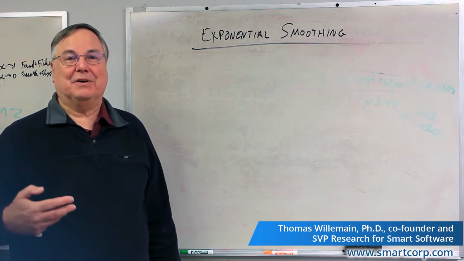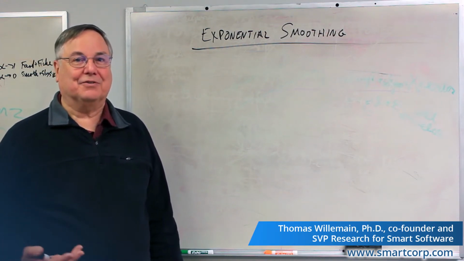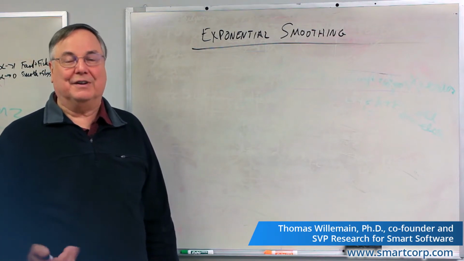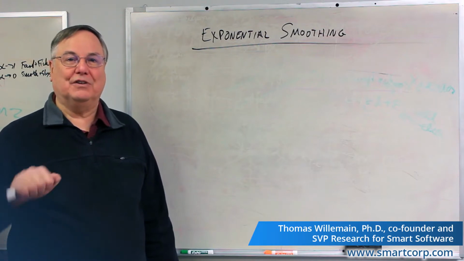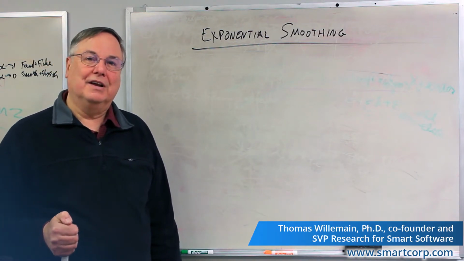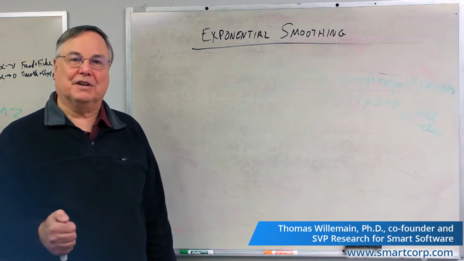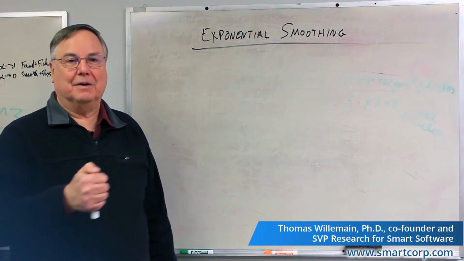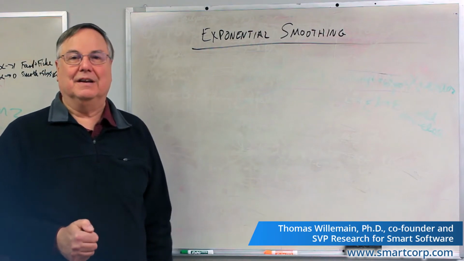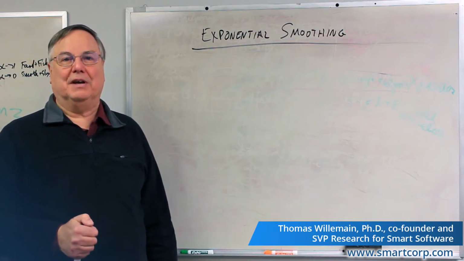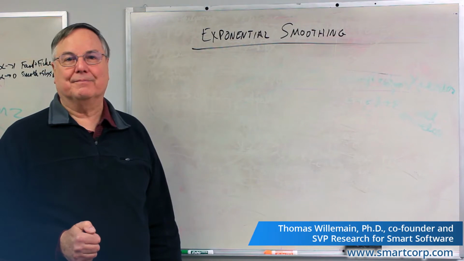We'll be talking about the various kinds of exponential smoothing. There are multiple variants of it. And we'll be talking about the trade-offs involved in tuning exponential smoothing so that it works best for a particular data set. And the approach to a different data set may require a different way of implementing the choices you make when you do exponential smoothing.